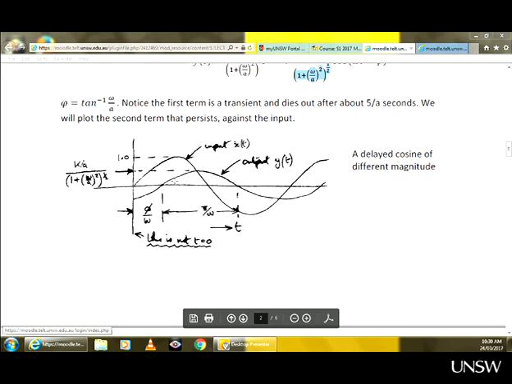So we decided to observe our output and compare it with input, just to see how they relate to each other. So we can see how the system, first order system, changes a signal. So you apply cosine as input. How different is the output relative to the input? Well, there will be difference in amplitude. There will be difference in phase.